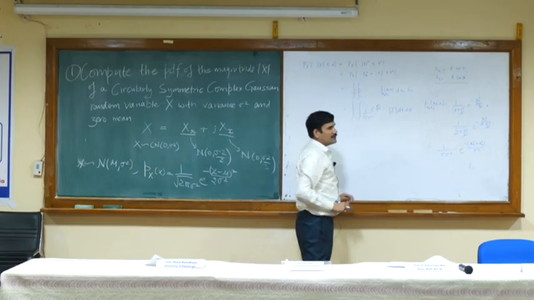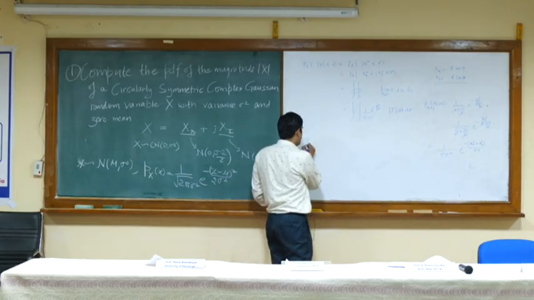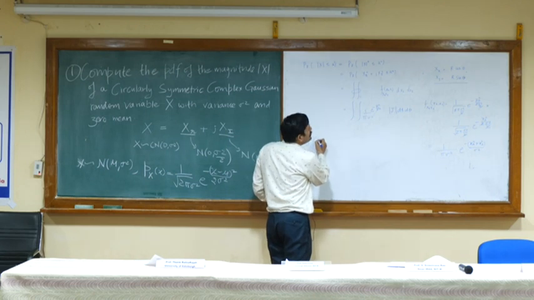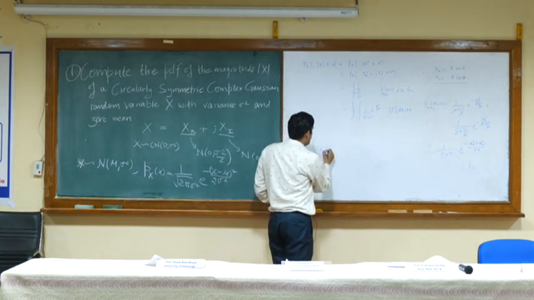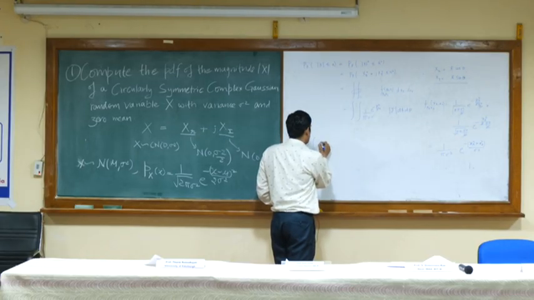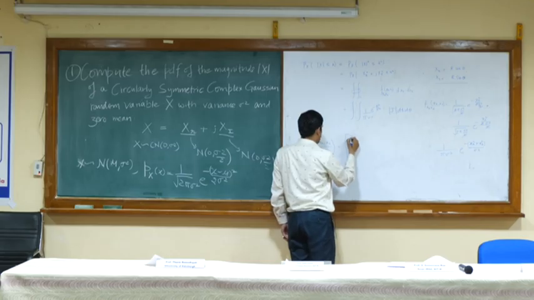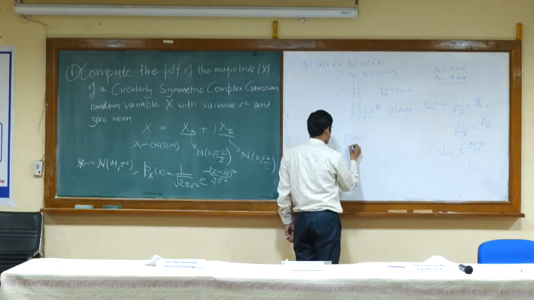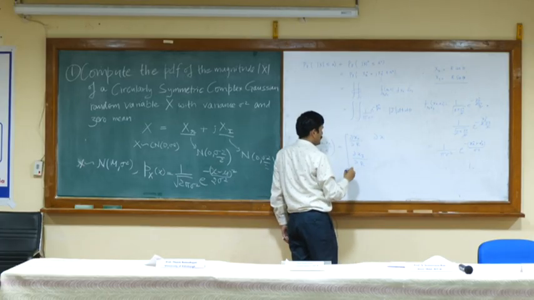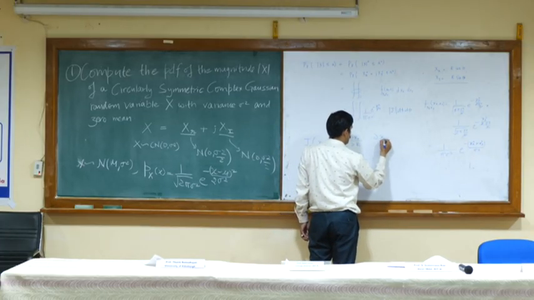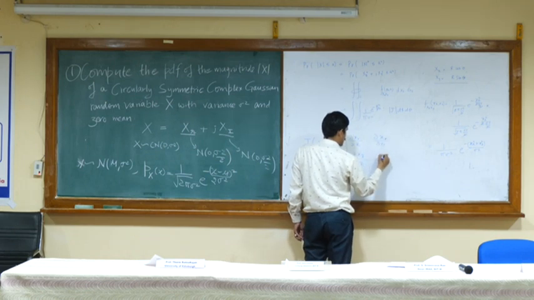So the Jacobian here is given by J of r comma theta over xr comma xi, which is equal to del xr divided by del r, del xi divided by del r, del xr divided by del theta, del xi divided by del theta.